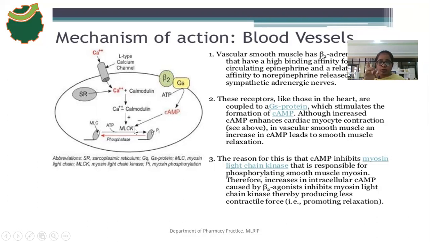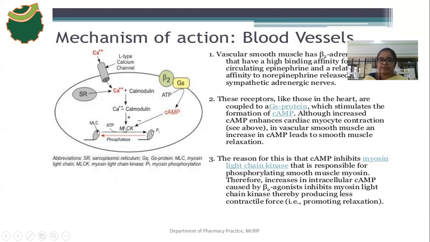Note down, the cyclic AMP level is very high in smooth muscles. The increased level of cyclic AMP in smooth muscles inhibits the MLCK enzyme, myosin light chain kinase. Then what will happen?